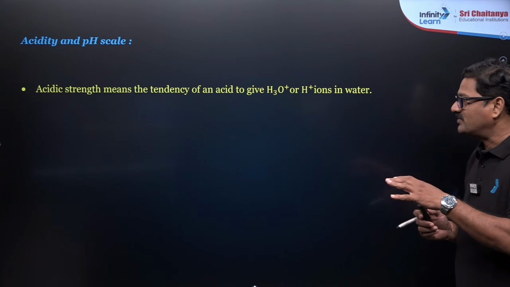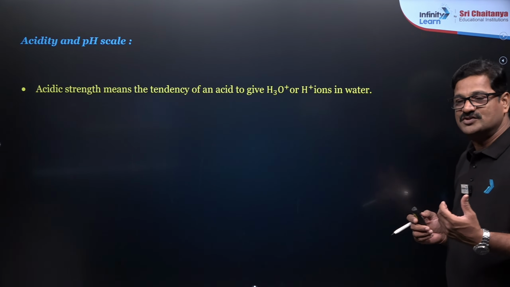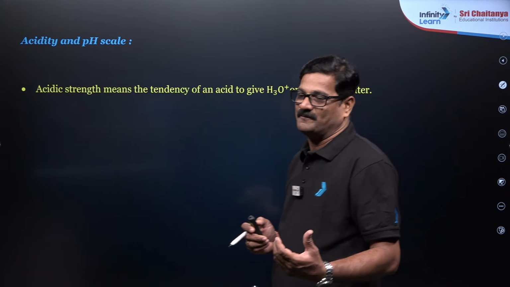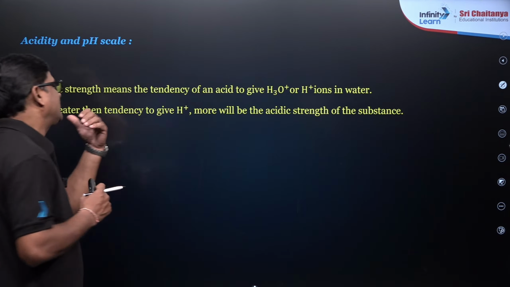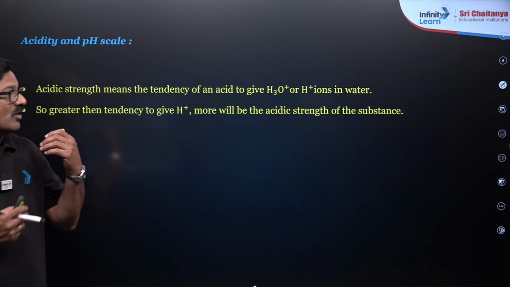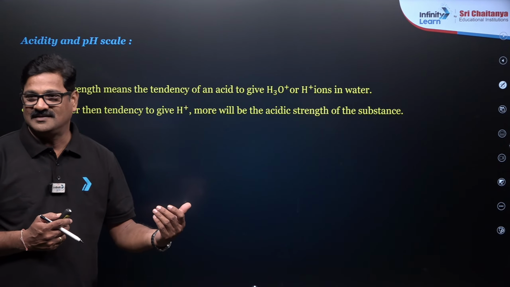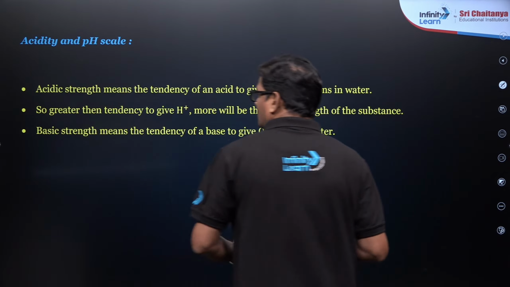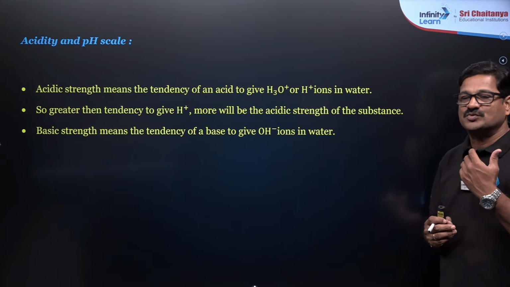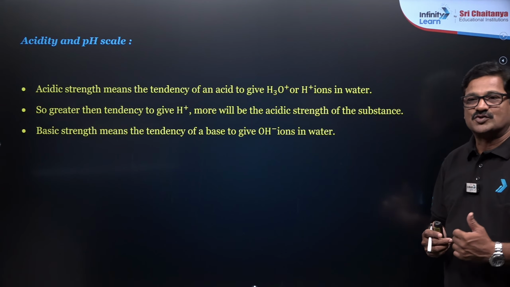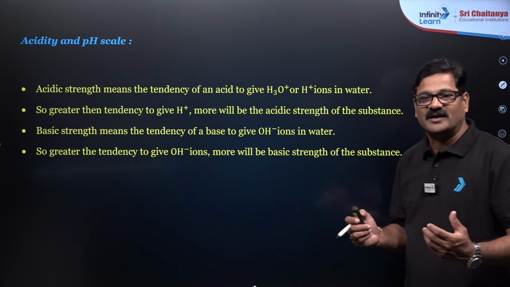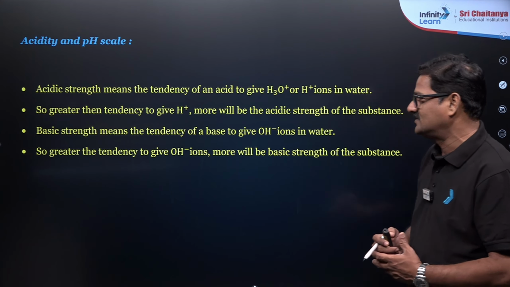So acidic strength means the tendency of an acid to give H plus ions into the solution, and the greater the tendency to give H plus, the stronger is the acid. Also, basic strength means the tendency to give OH minus ions. The stronger the base, the greater its tendency to give OH minus ions.